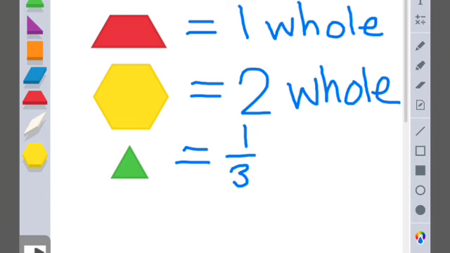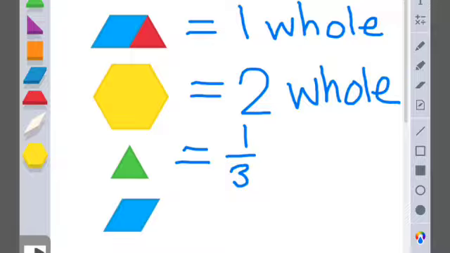And then a little bit trickier will be the blue rhombus. Okay, again, we want to see how many blue rhombuses it takes to make 1 whole. So I'm going to fit them in here. And I notice that I can fit 1 blue rhombus in here, but I cannot fit a second one. Okay, and so now I need to determine how much of that blue rhombus is filling up the red trapezoid.